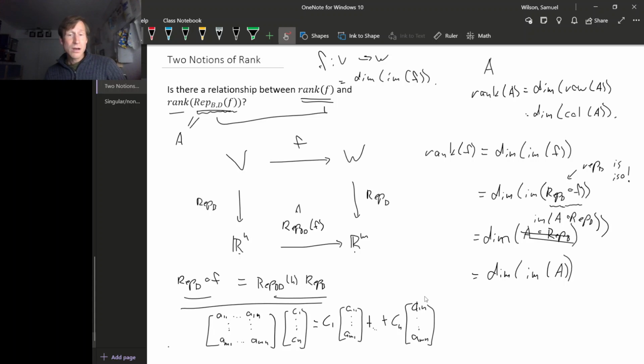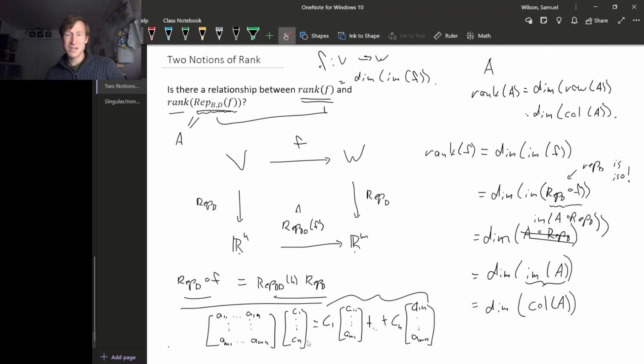Right? In other words, what is this? This is just all linear combinations of columns from A. So the image of A as a linear transformation from Rn to Rm is exactly the column space of A, right?